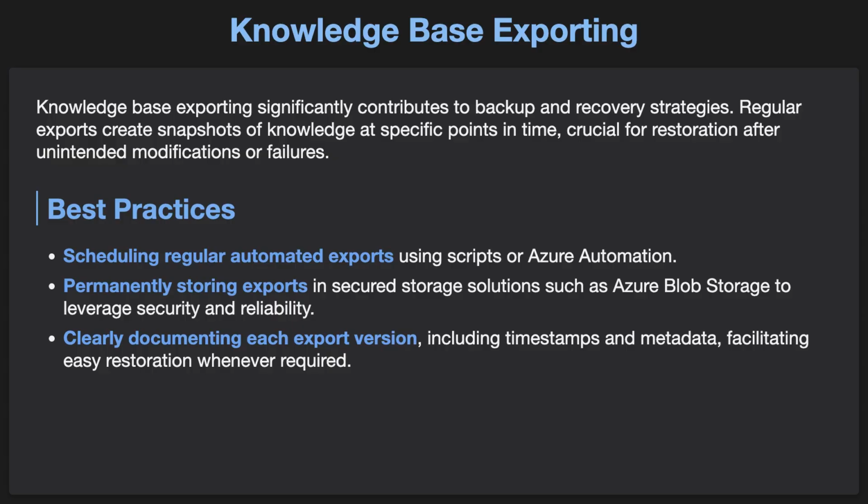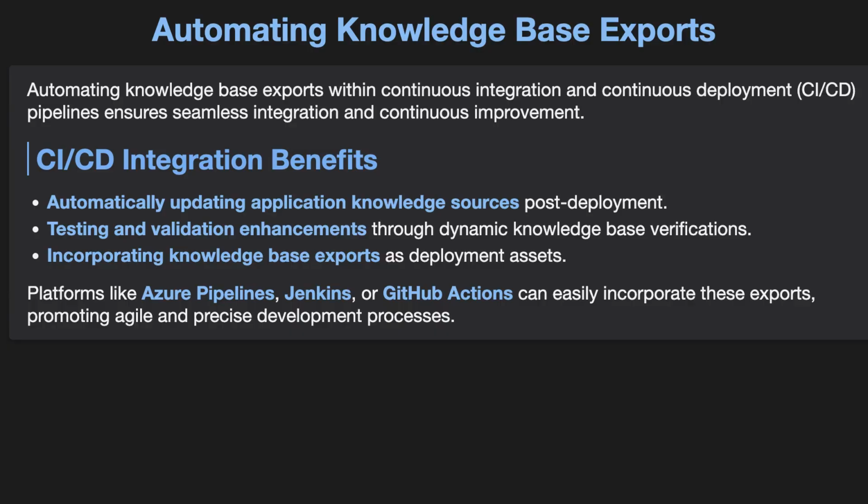Best practices include scheduling regular automated exports using scripts or Azure automation, permanently storing exports in secured storage solutions such as Azure Blob Storage to leverage security and reliability, and clearly documenting each export version, including timestamps and metadata, facilitating easy restoration whenever required. Automating knowledge base exports within continuous integration and continuous deployment (CI/CD) pipelines ensures seamless integration and continuous improvement.